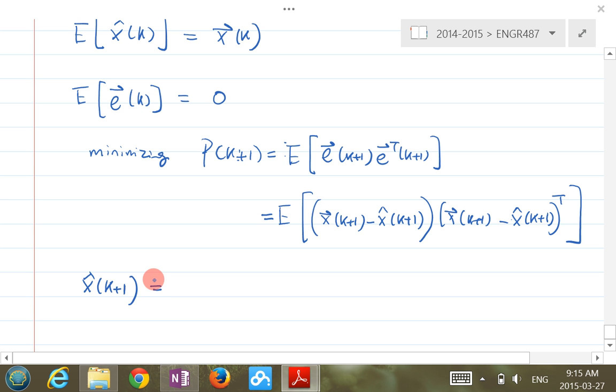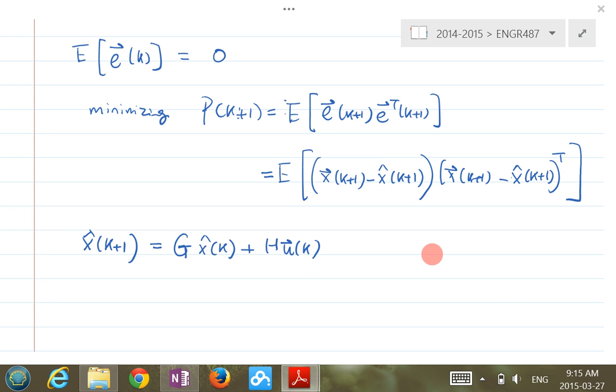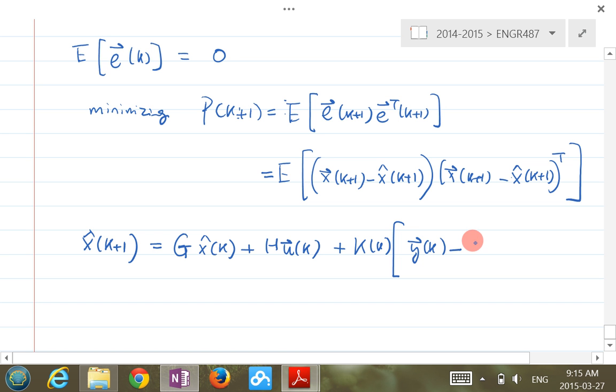So the formula we come up with is very similar to the Luenberger observer that we have used: x hat of k plus 1 equals G x hat of k plus H u of k, plus again matrix K times y of k minus y hat of k.